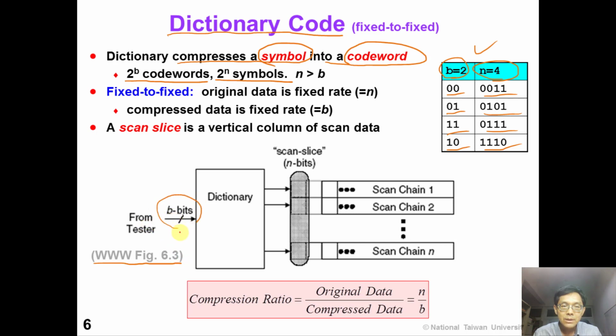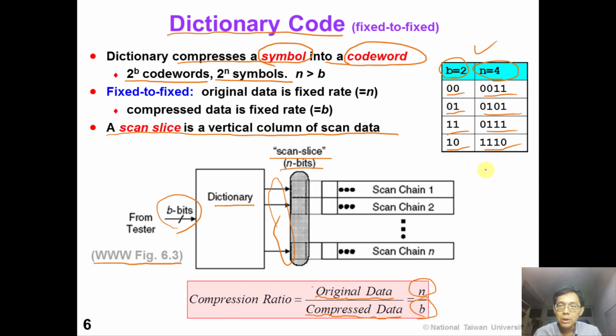Suppose we have B bits coming from the tester. After the dictionary, we will translate this into a scan slice of N bits, where a scan slice means a vertical column of scan chain input. The compression ratio of this technique is equal to N over B, which is the original data divided by compressed data.